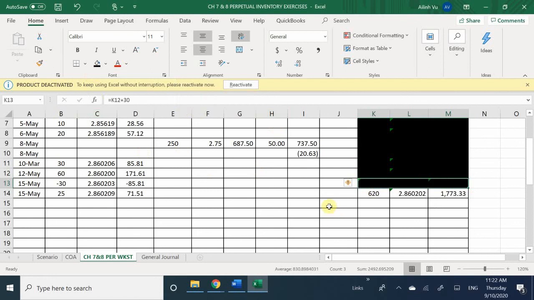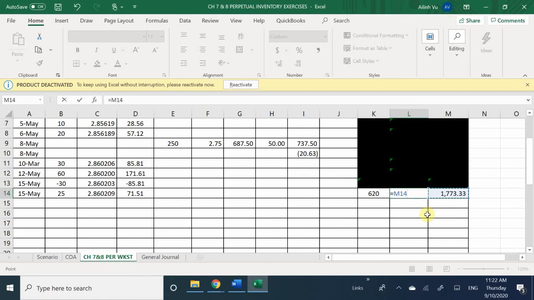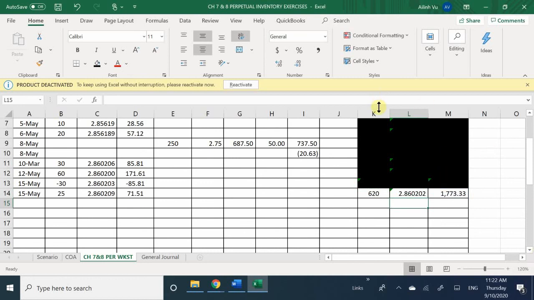I got a different number. I got 2.860210. So this divided by this. I got 2.86022096.